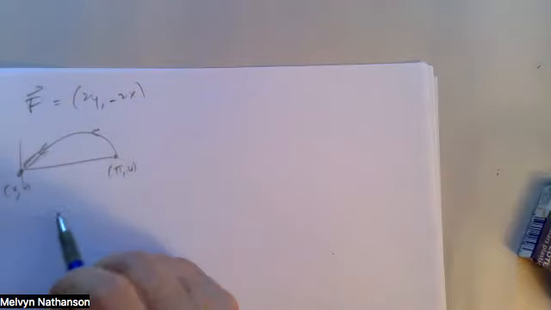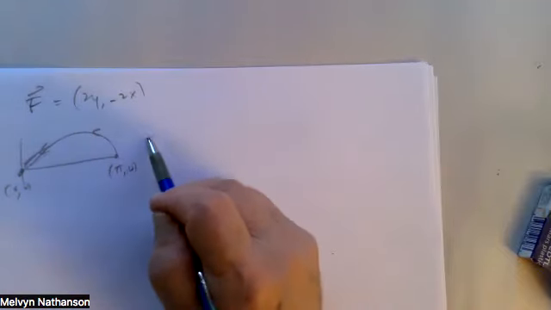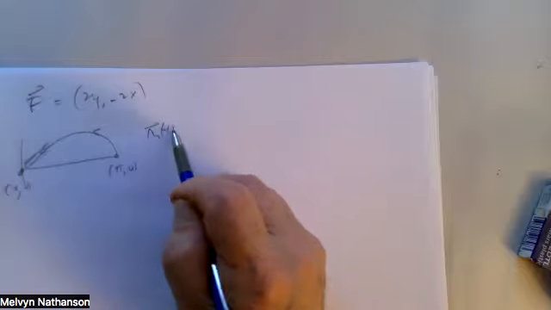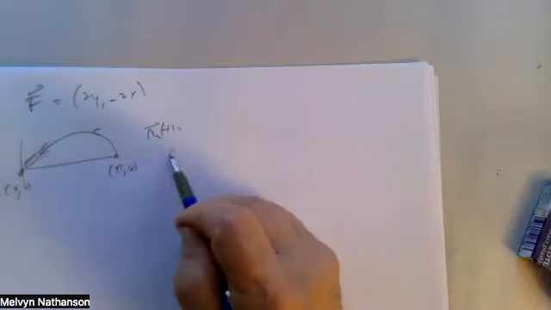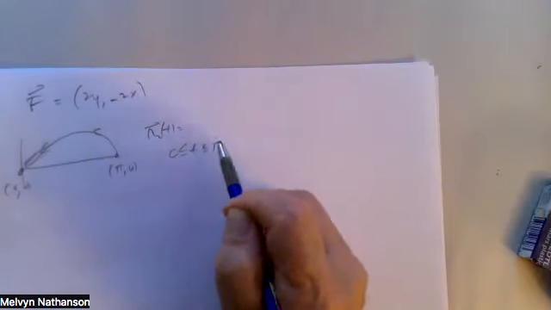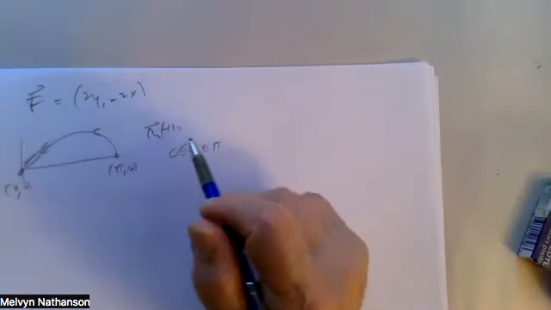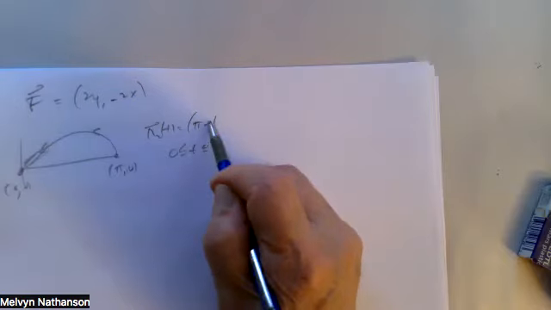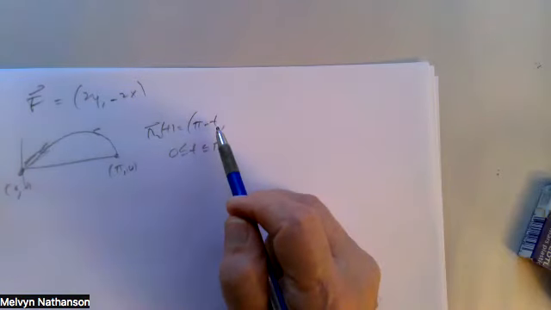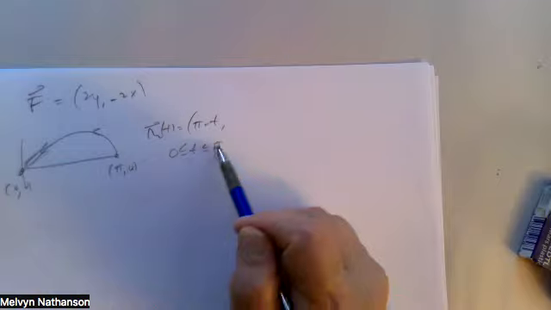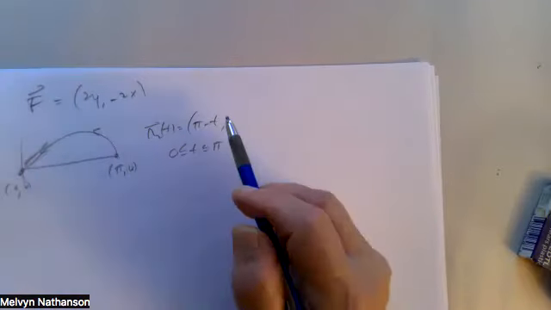The way to parameterize this is R2 of t. As t goes from 0 to pi, I want to start at pi and go down to 0. So pi minus t does exactly that. As t goes from 0 to pi, this goes from pi down to 0.